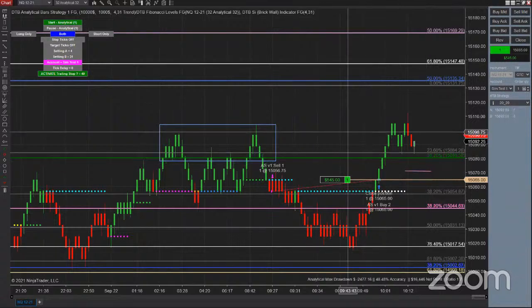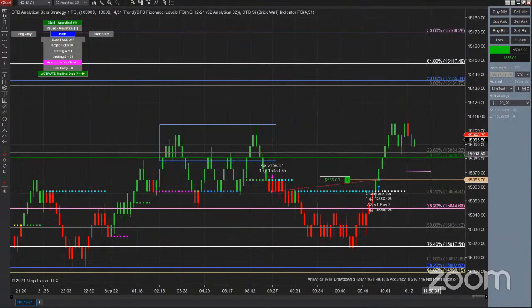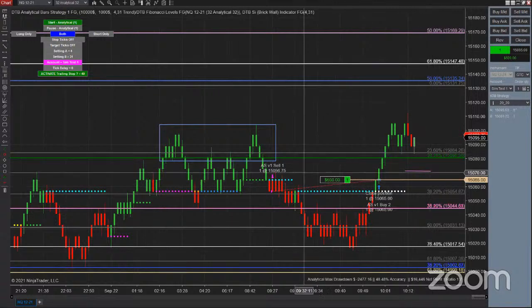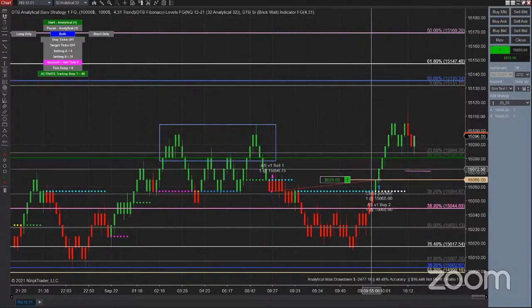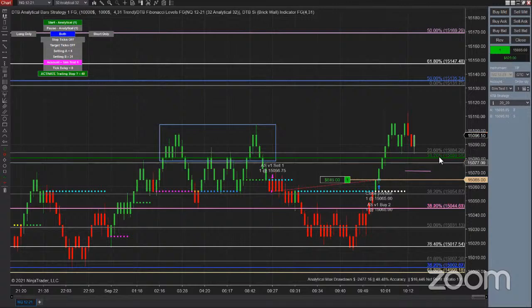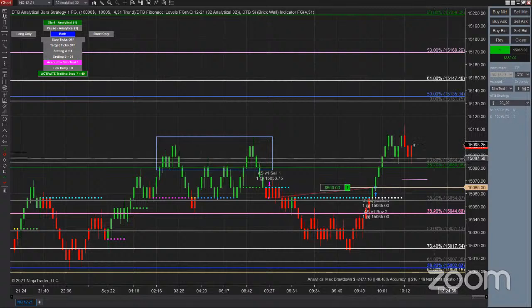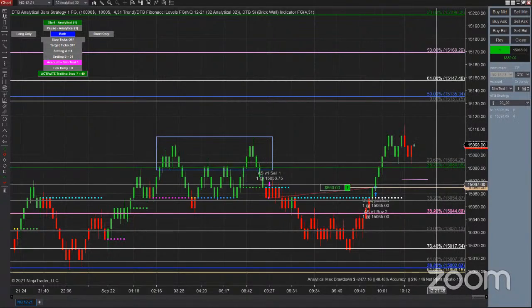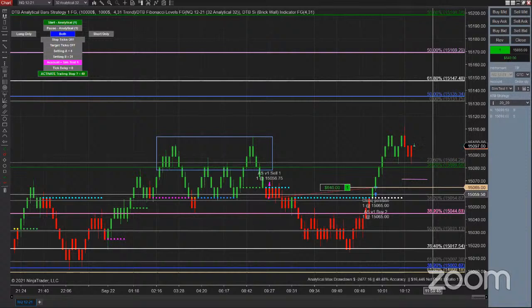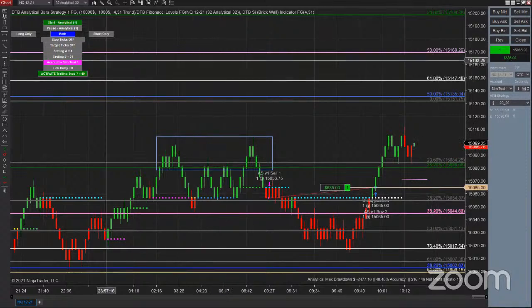Just another test of that level, which looks like it has. So it's come back to the 23.6 and the 38.2. So there's two little Fibonacci levels that it came back to. Again, another little scalping opportunity, perhaps.